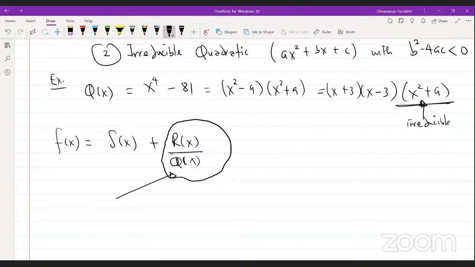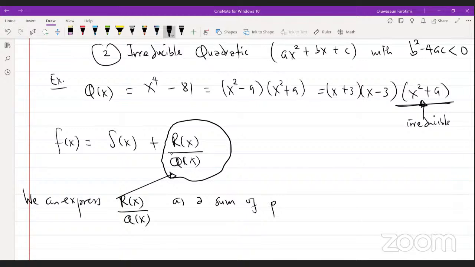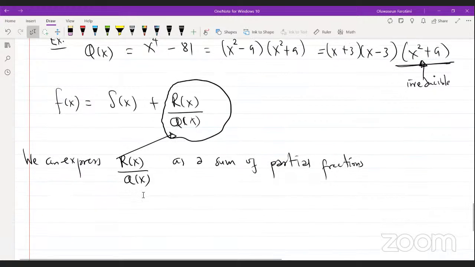So I'm going to say that we can express this, r of x divided by q of x, as a sum of partial fractions. Now we're getting into a little bit more detail. So we can express that as a sum of partial fractions. The example of such is, I can definitely write it.